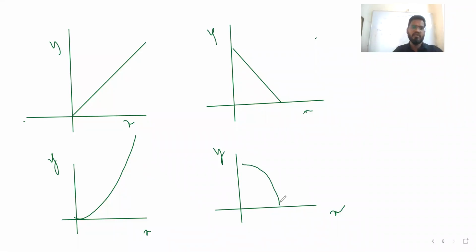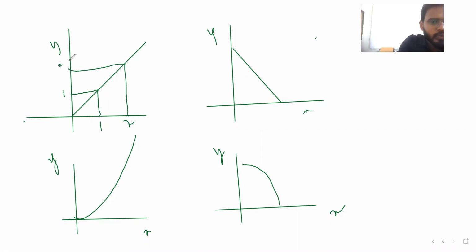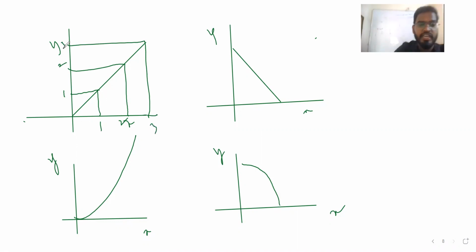Now one thing we can say from here: if you consider from here to here, this is 1, this is also 1; this is 2, this is 2. If x is increasing, y is also increasing with the same ratio, 1, 2, 3, x as well as y.